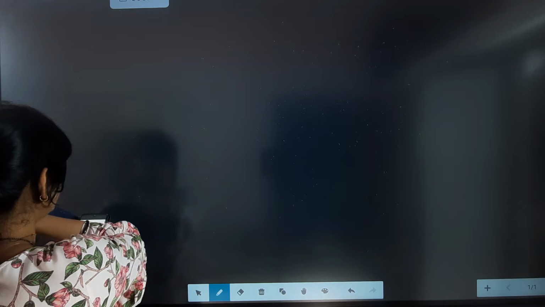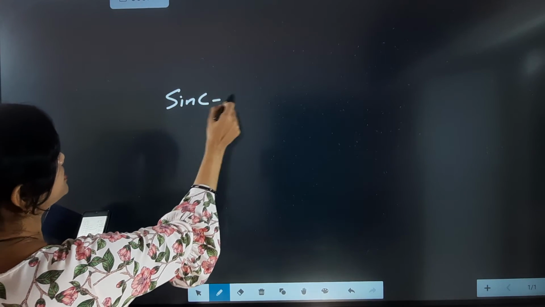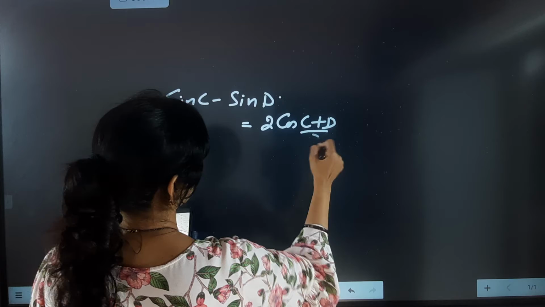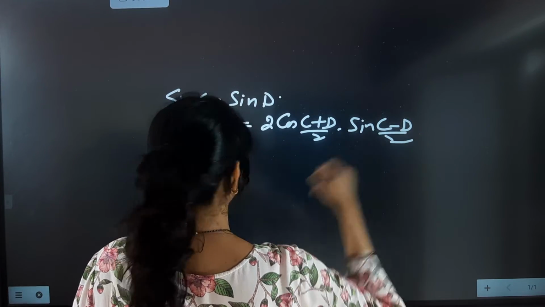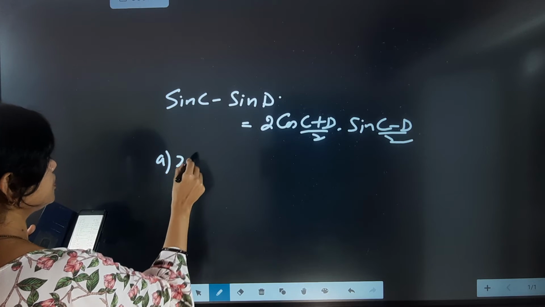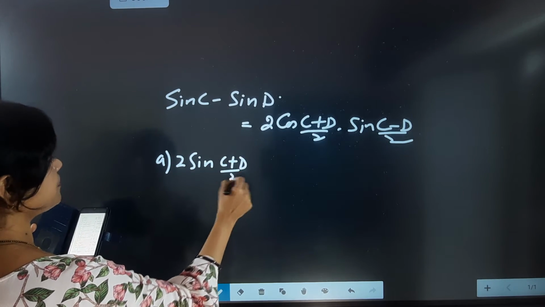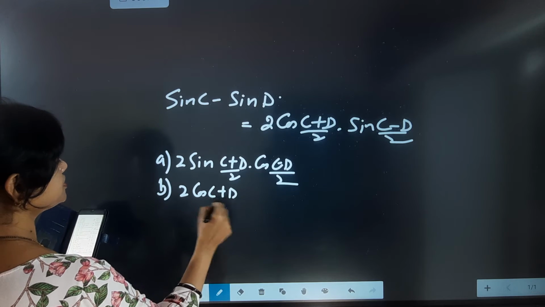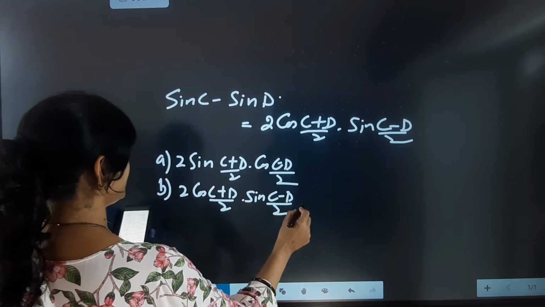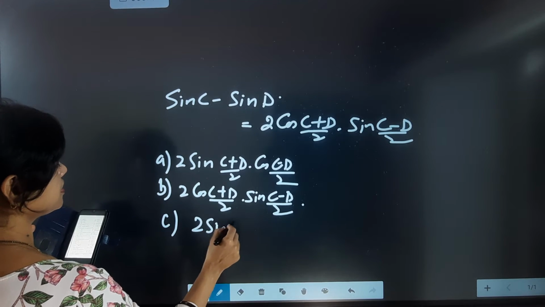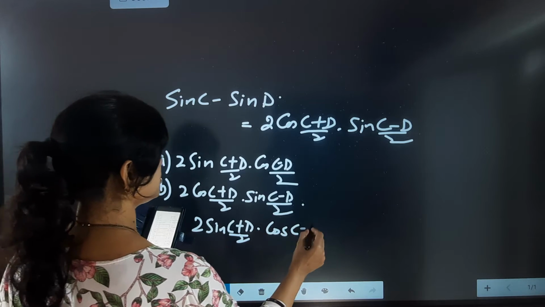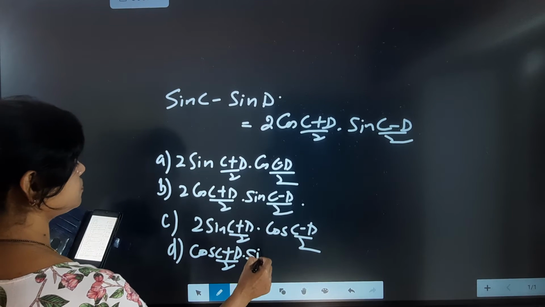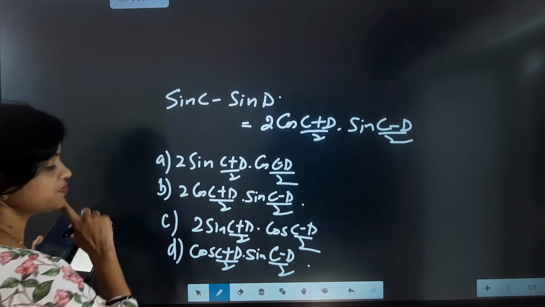Now the next question: sin C minus sin D. The formula for sin C minus sin D is 2 cos((C plus D)/2) into sin((C minus D)/2). The options given are: 2 sin((C plus D)/2) into cos((C minus D)/2); second, 2 cos((C plus D)/2) into sin((C minus D)/2); third, 2 sin((C plus D)/2) into cos((C minus D)/2); then cos((C plus D)/2) into sin((C minus D)/2), where the 2 is missing.